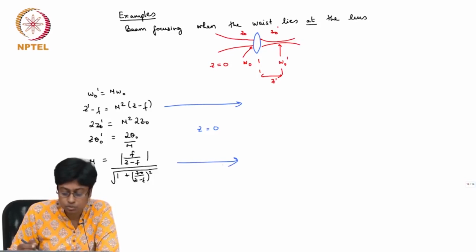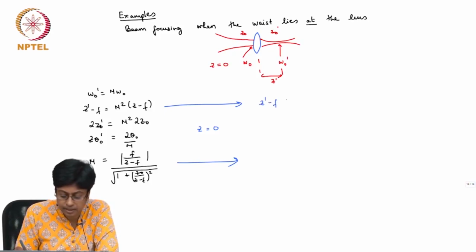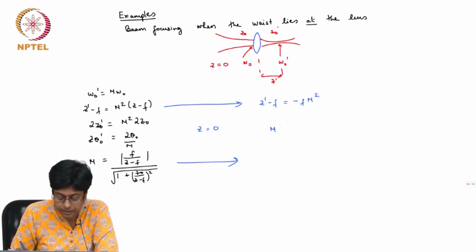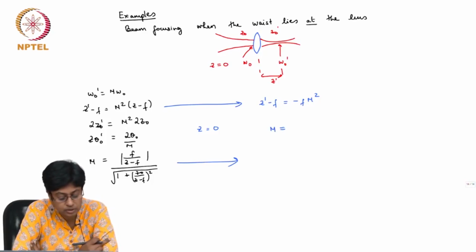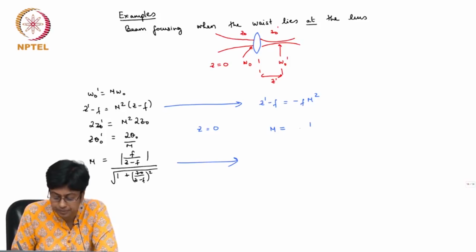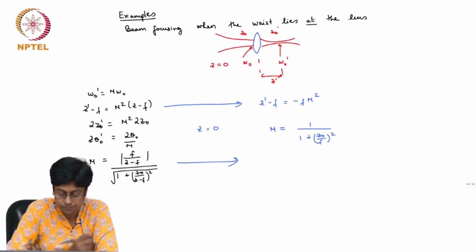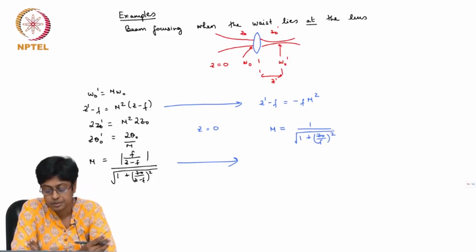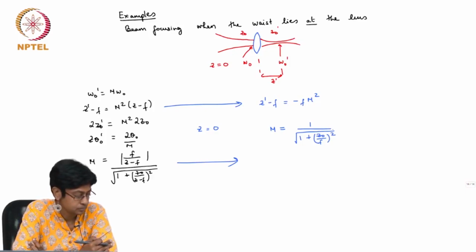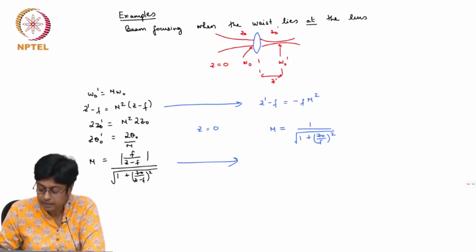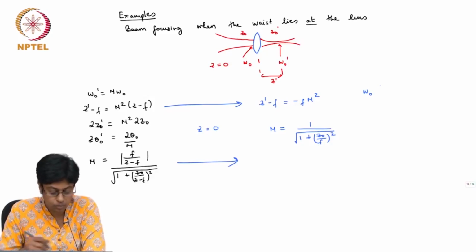Okay, so z dash minus f is going to be minus f m squared, and m, because z is equal to 0, the numerator will become plus 1 and the denominator reduces to this. Okay.